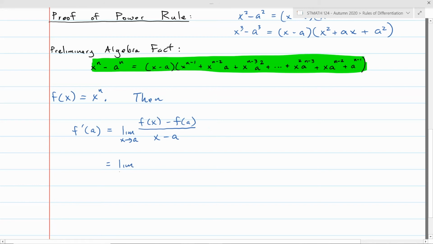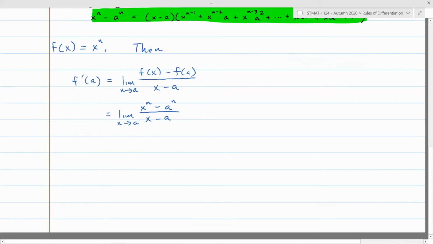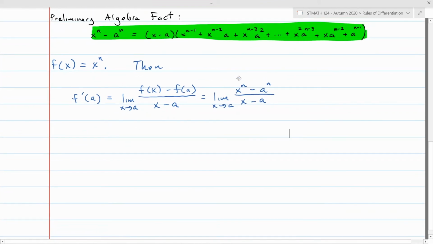So this will be the limit as x goes to a. F of x would be x to the n, because that's our function, right? And then f of a would be a to the n. And then in the denominator, you have x minus a. And you can see in the numerator there the expression in green on the left-hand side. So we want to take advantage of that.